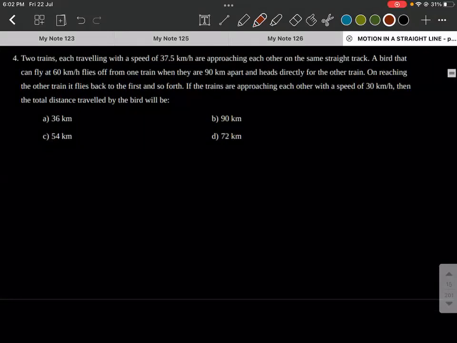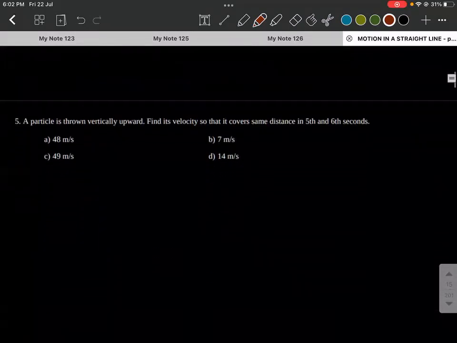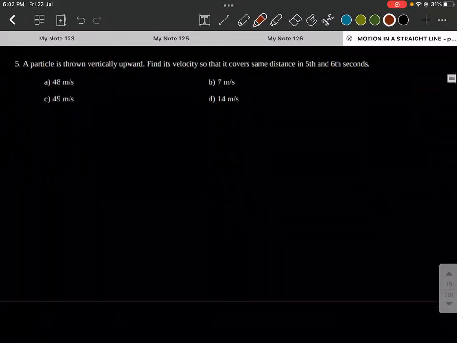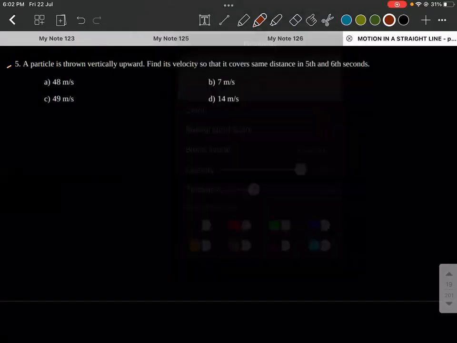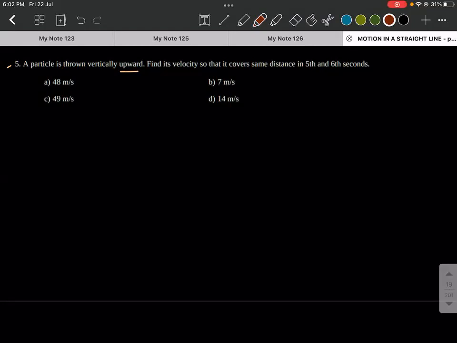So approaching each other is a relative velocity based problem. Fifth one. A particle is thrown vertically upward. Find its velocity so that it covers the same distance in the 5th second and 6th second.